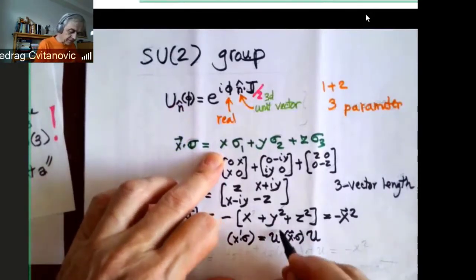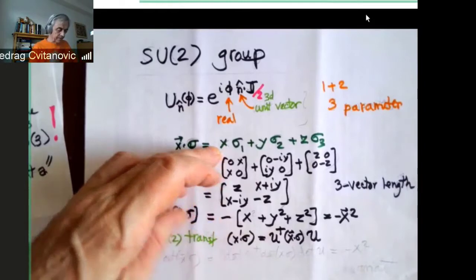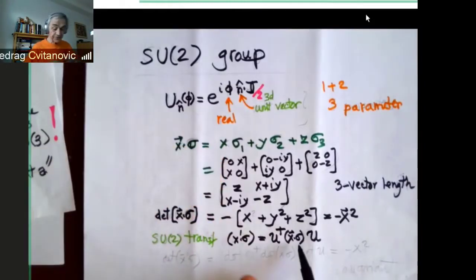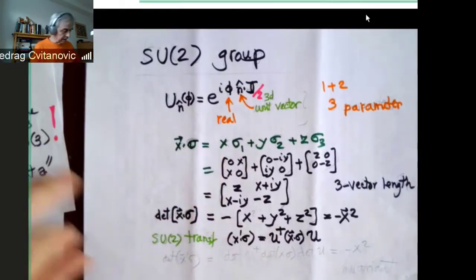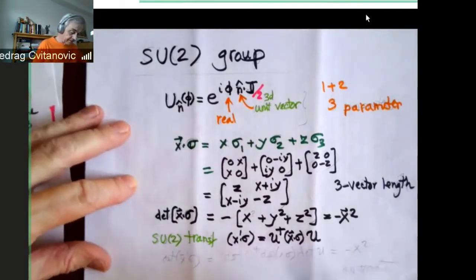Its inverse is the Hermitian conjugate because it's the unitary group. So that's how this matrix, which I pulled out of a hat, transforms.